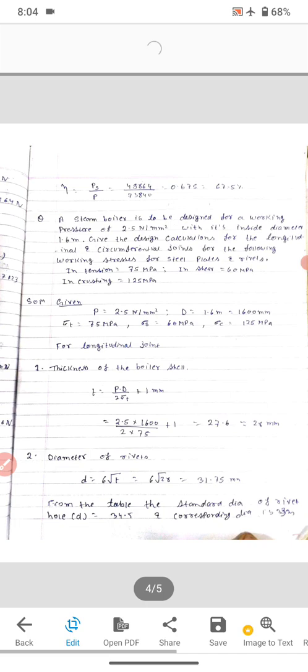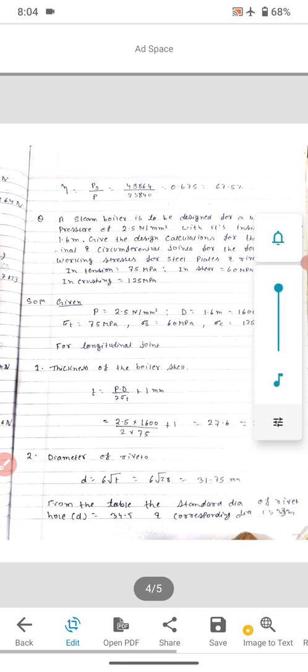We had already seen there are two types of design in boiler, that is first is longitudinal joint and second is circumferential joint.